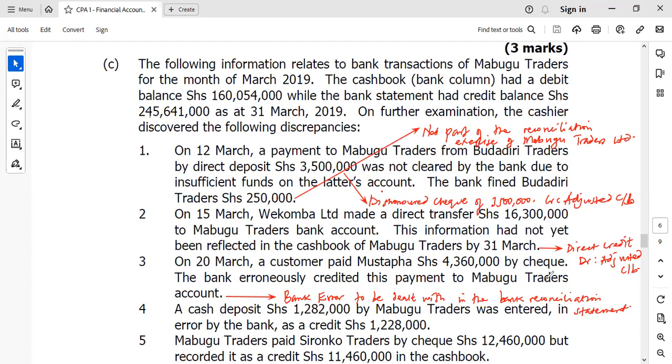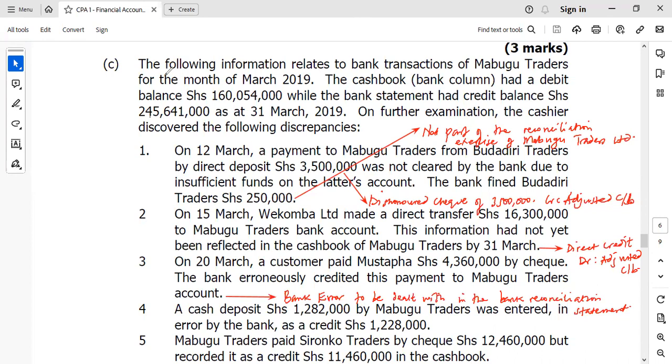So when you are preparing the bank reconciliation statement, you have to deal with this error and make the adjustments in your bank reconciliation statement calculation. Being a bank error, we don't correct this from our adjusted cash book. Don't forget that.